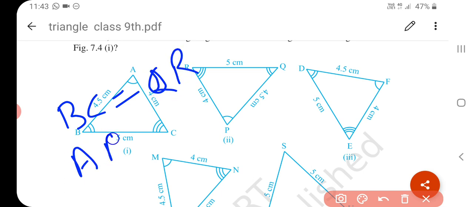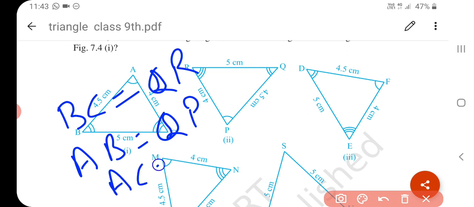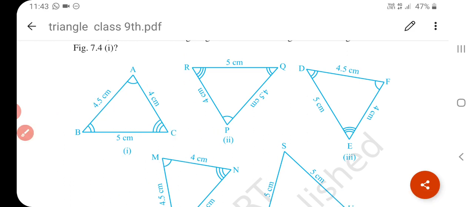Okay, AB is equal to, that is 4.5 centimeter, PQ, and AC is equal to, which is AC? AC is 4 centimeter, then you can write PR. Okay, so writing any other corresponding, that is triangle ABC is corresponding to triangle PQR, we will understand.